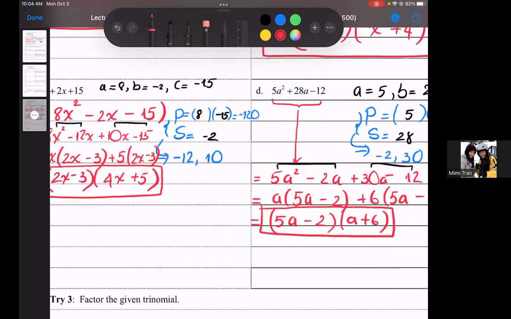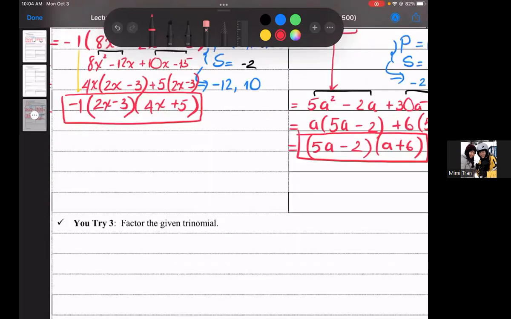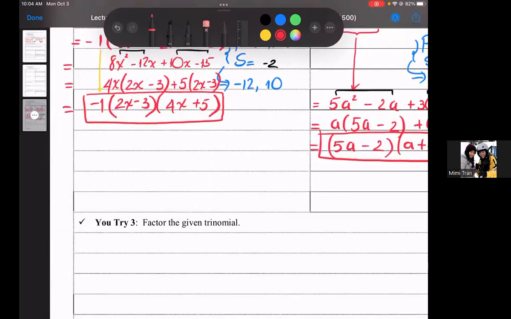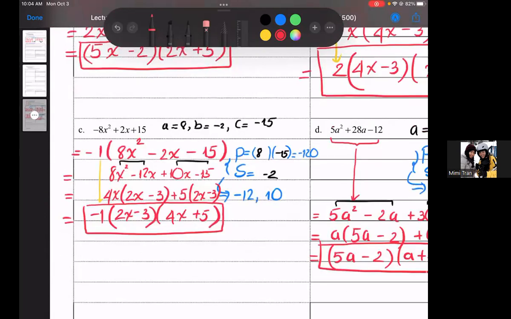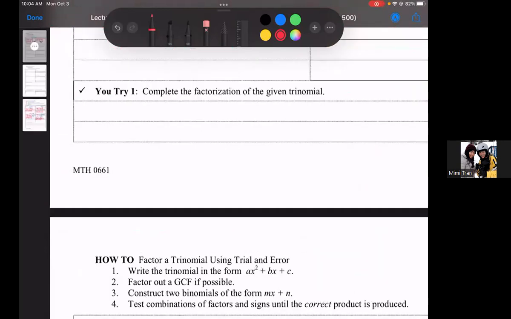One more, now you try 1. Go back up here. 10x squared minus 23x minus 5.